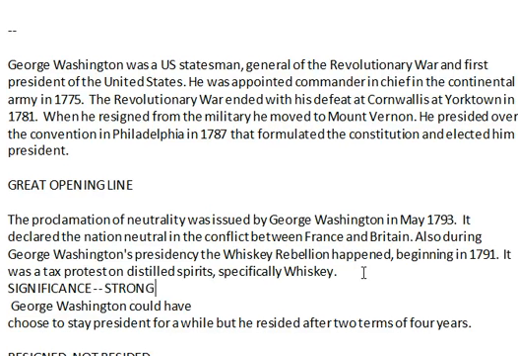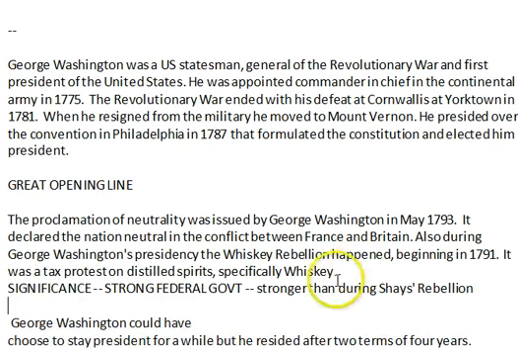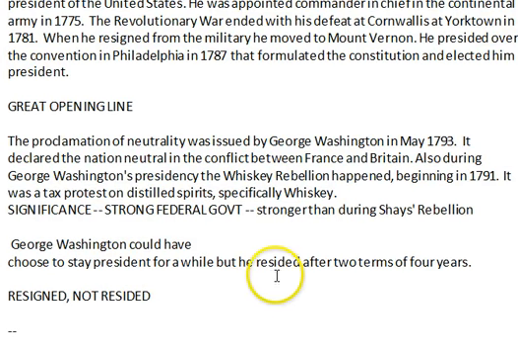So we now have a strong federal government, stronger than during Shays' Rebellion. And then the last line here is Washington could have chosen to stay president for a while, but he resigned, not resided, but resigned after 2 terms of 4 years.